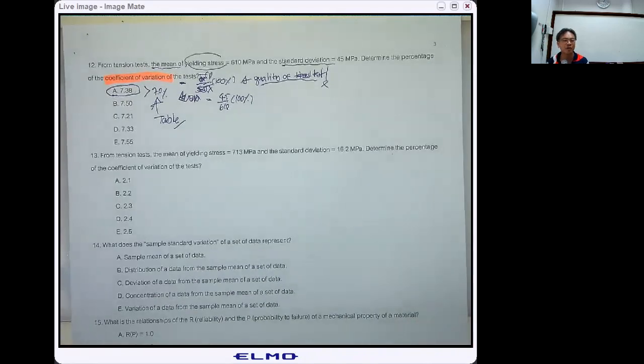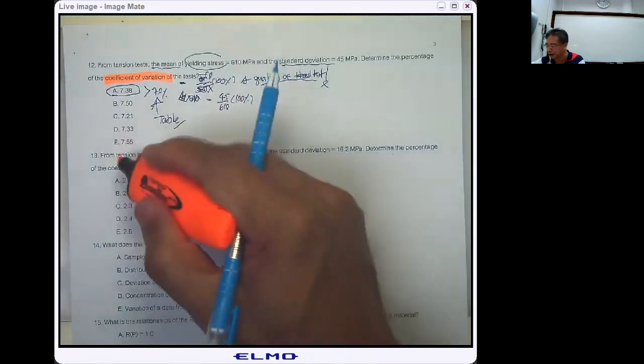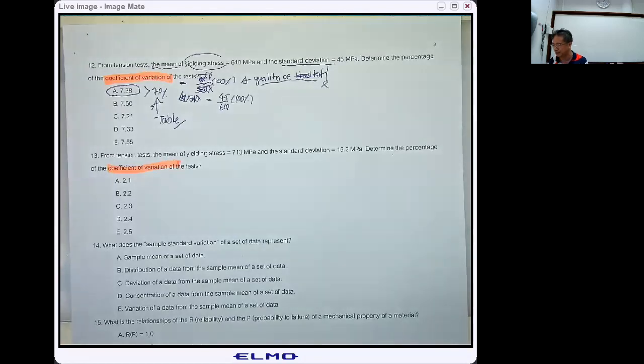And then come to number 13. For example, again, we have the mean, we have the standard deviation, and they just ask us again to determine the coefficient of variation. You can do so for sure on this, okay?